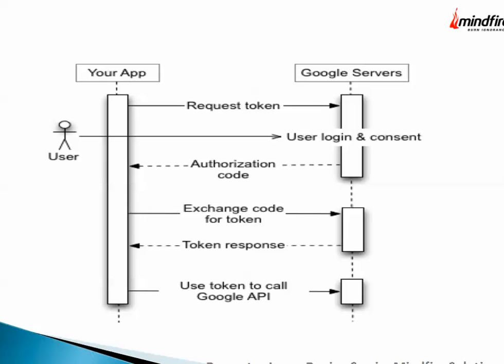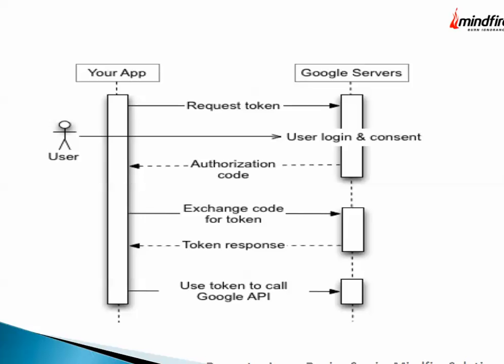The Google server has three things: first, user login and consent; second, a server called the authorization server; third, your API server. When the user first wants to access any API from the Google server, Google will redirect to the login page, called user login.